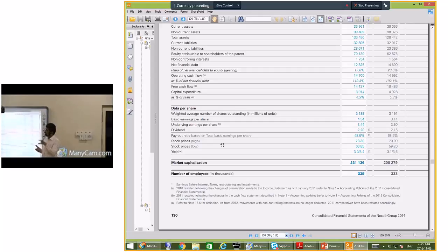Then there are a number of analyses, assumptions, and forecasting, prospective analysis. Based on that, we can discuss financial statement analysis and valuation. That is under the theoretical background.